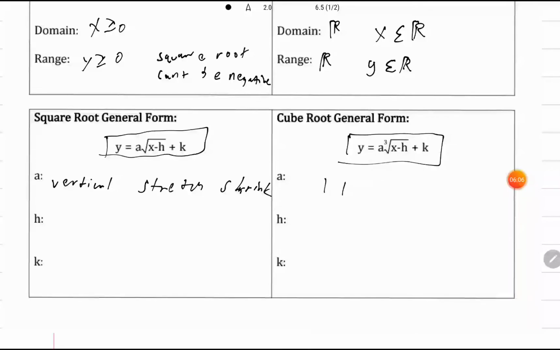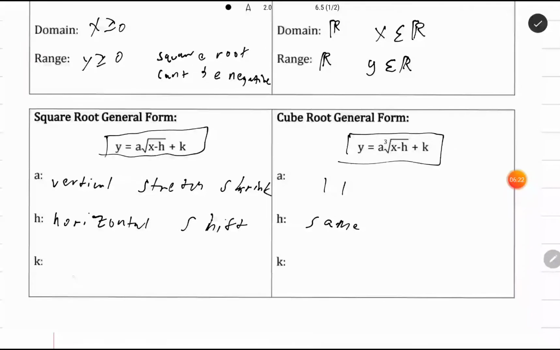The H, horizontal shift. Same. And then K, vertical shift. Okay, and if you don't remember this, vertical stretch or shrink means fat, skinny.